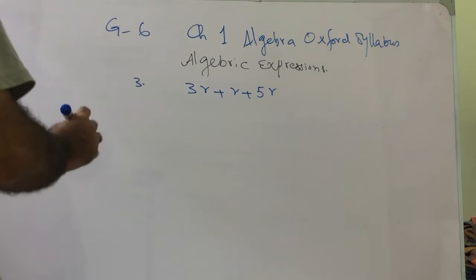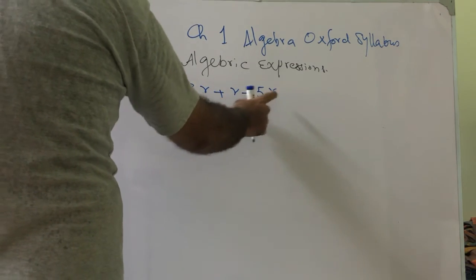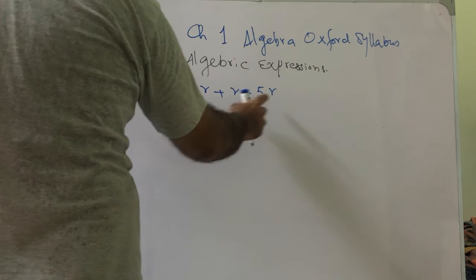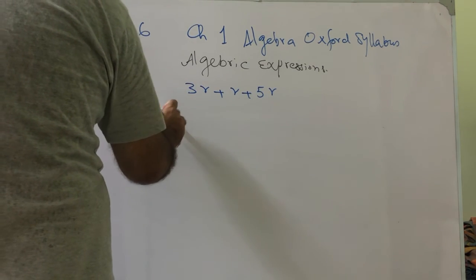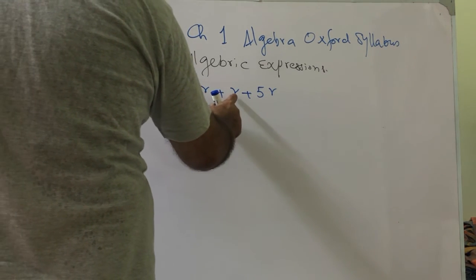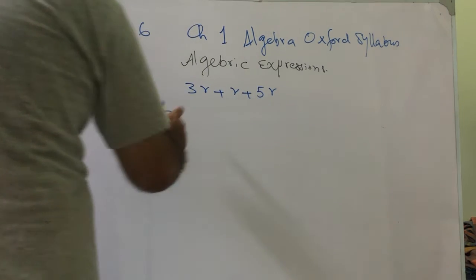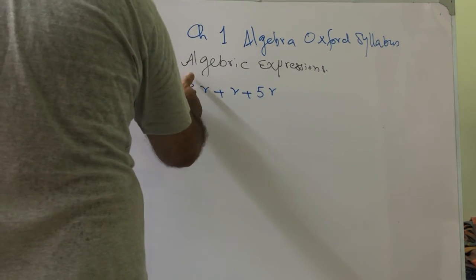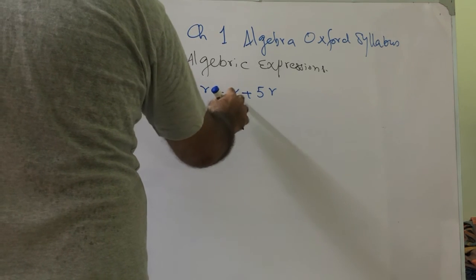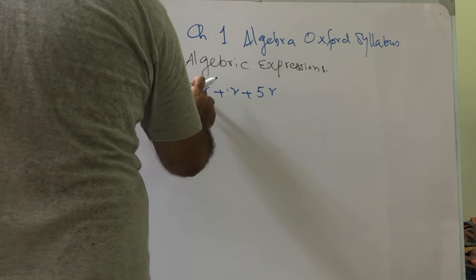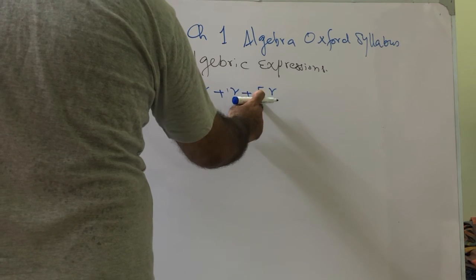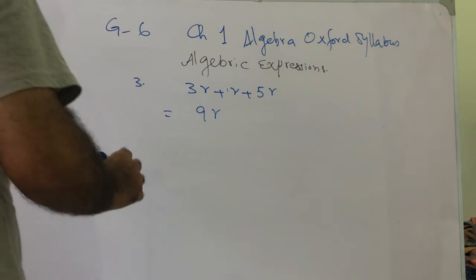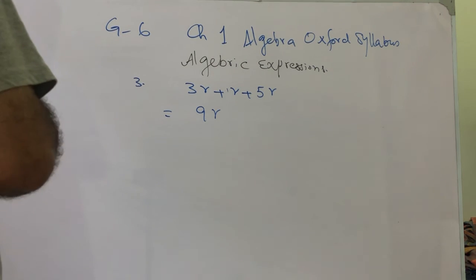So we need to add up. If variables are the same, then you need to add up their coefficients, the constant amounts. This is 3. Here we have 1. 3 plus 1, 4. 4 plus 5, 9. It becomes 9r. Okay. So this is the answer for this question.